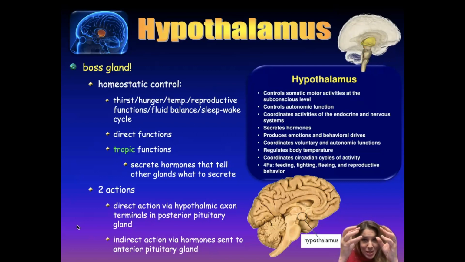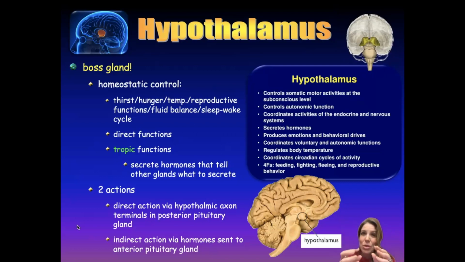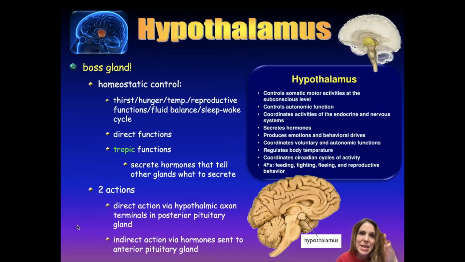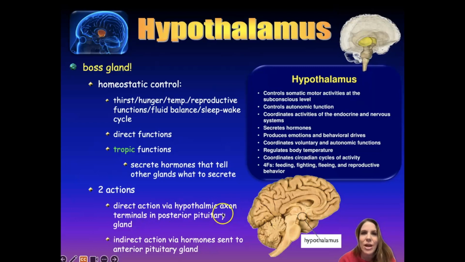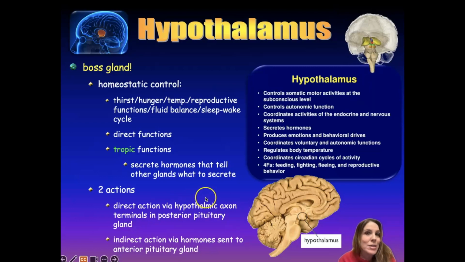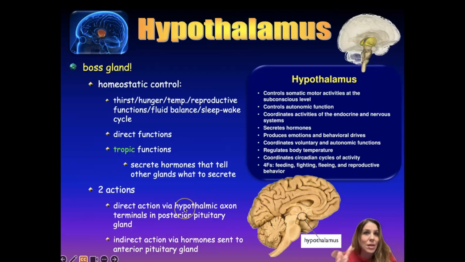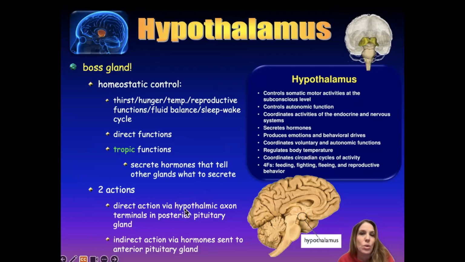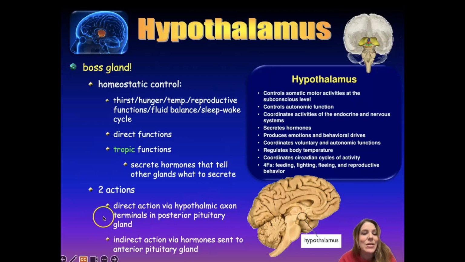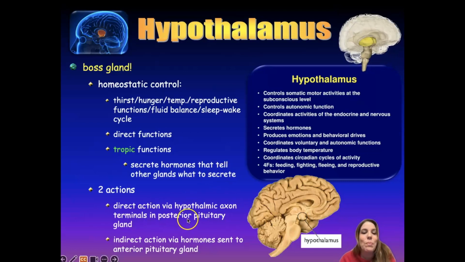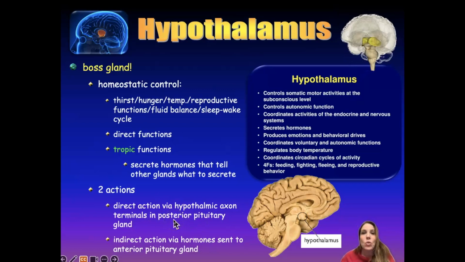And the hypothalamus sits right above both of those, and it's going to send messages to the posterior pituitary gland via axons on neurons. So the cell bodies of those neurons are located in the hypothalamus, and that's where certain hormones are going to be produced. But they get sent down axons to the posterior pituitary in order for that gland to secrete them.